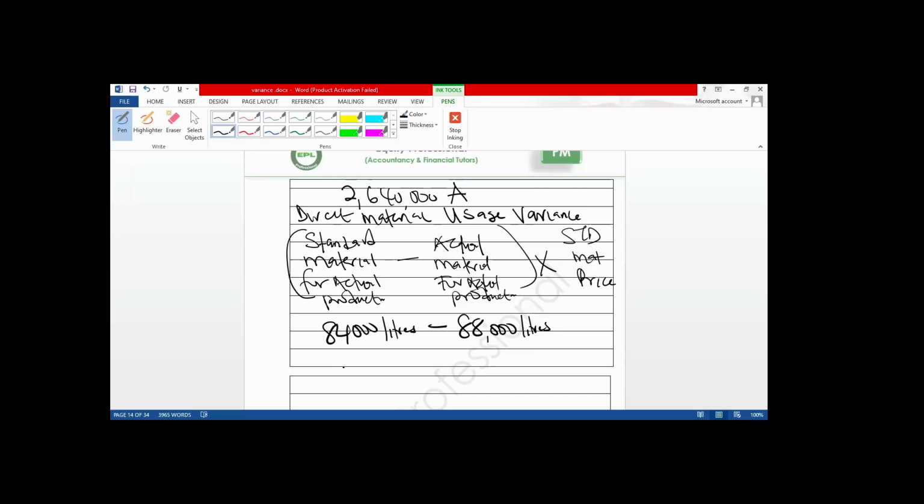Actual material used, 88,000 liters. Multiplied by the standard price per liter. This material is in liter, then the material price you are going to pick must be in liter. 90 naira per liter. You have 360,000 adverse.